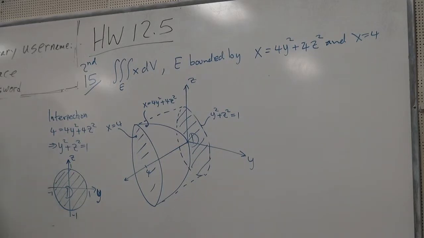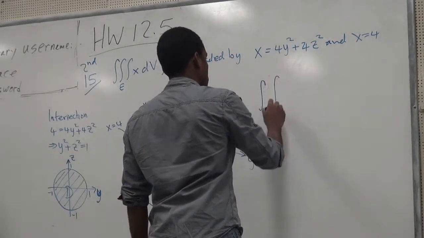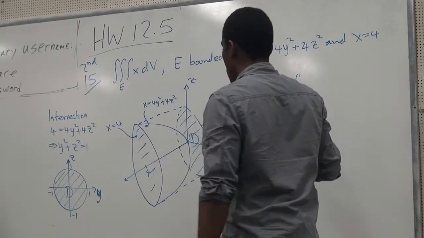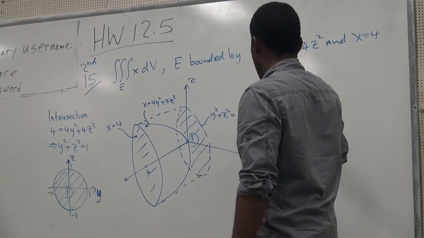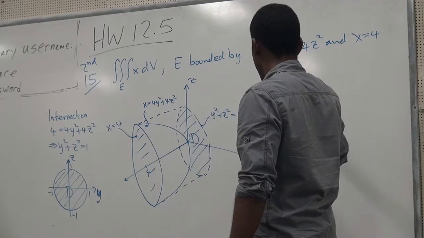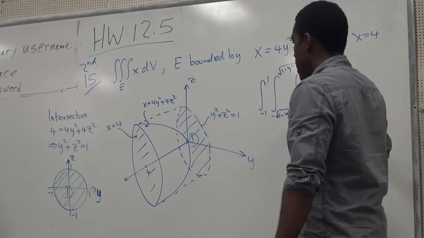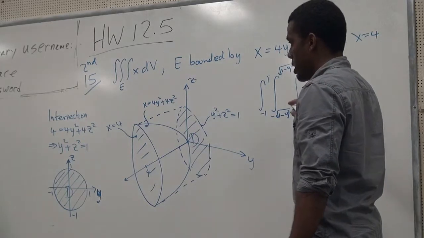Technically polar coordinates is in the next section, so you can't do it. How do you set it up in rectangular? Y goes from negative 1 to 1, and z from negative square root of 1 minus y squared up to square root of 1 minus y squared. And the x would go from, what's the bottom surface for the x?